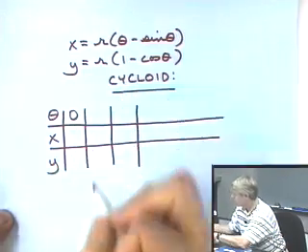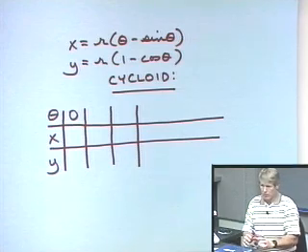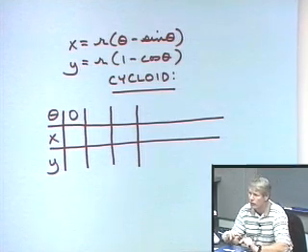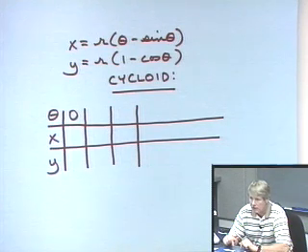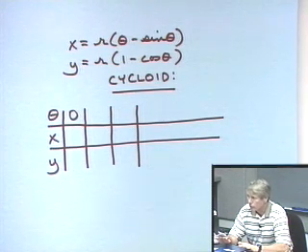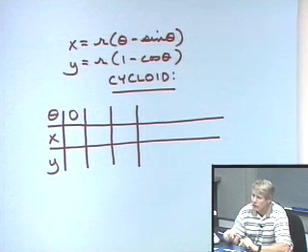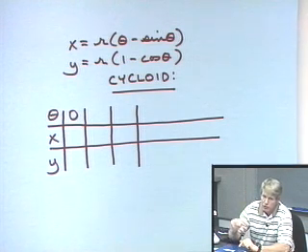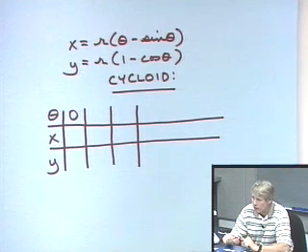So let's start off with theta equals 0, and we're forced to use theta equals some angle in radians. In fact, if you're ever in doubt in a calculus or a calculus-based class, never use degrees, always use radians. Radians is kind of a unitless description of rotation. If you say pi over 2, you don't need to say pi over 2 radians.